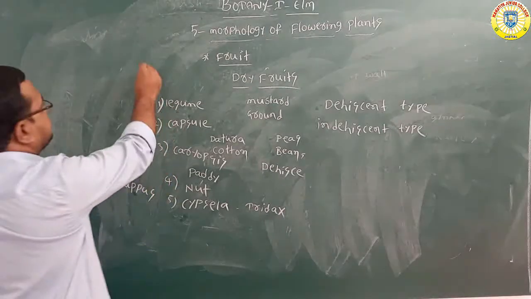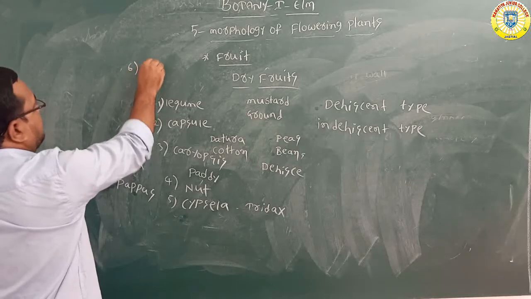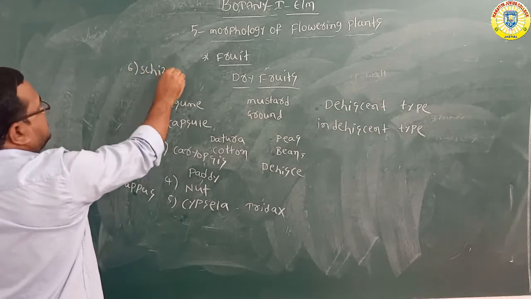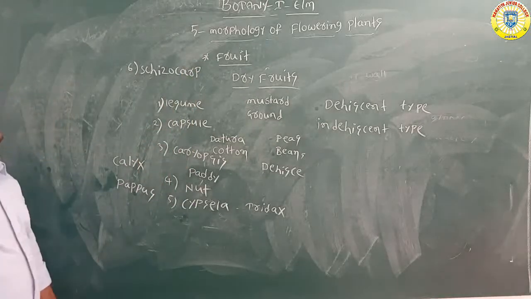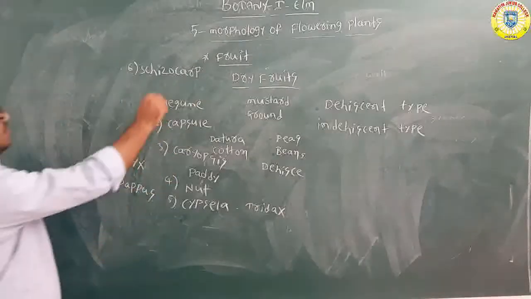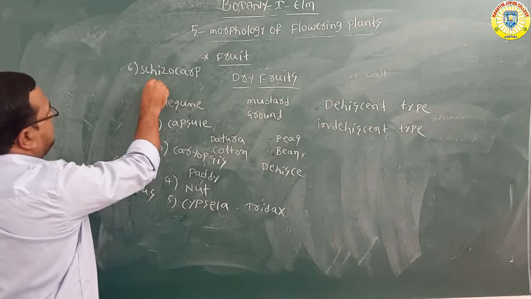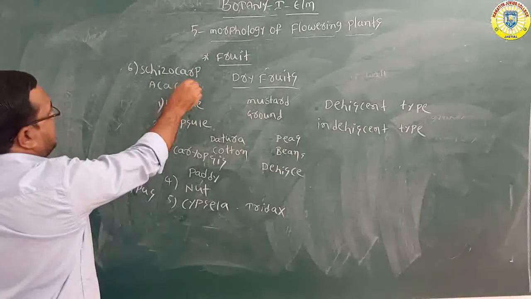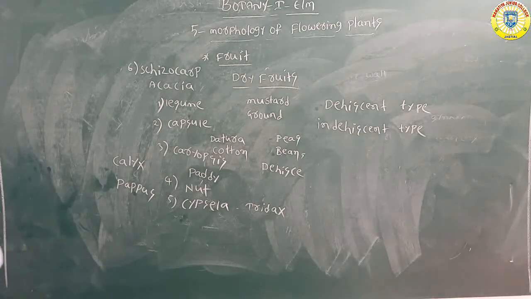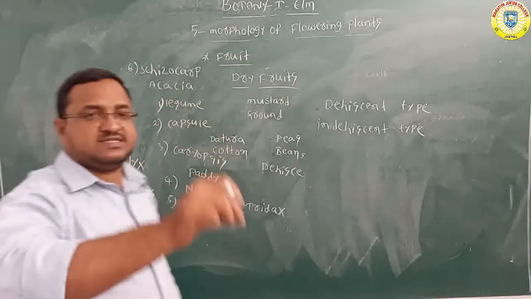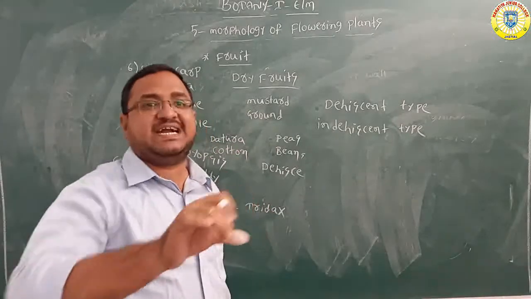Schizocarp, the sixth one. But what is Schizocarp? The best example is Acacia. Especially in this Schizocarp, Acacia and Castor, the fruits are split into one-seeded bits.